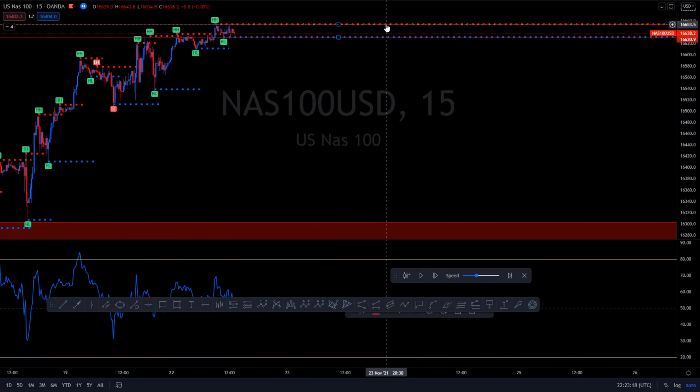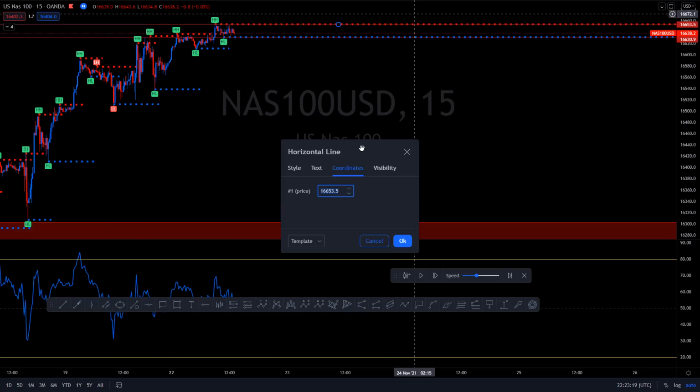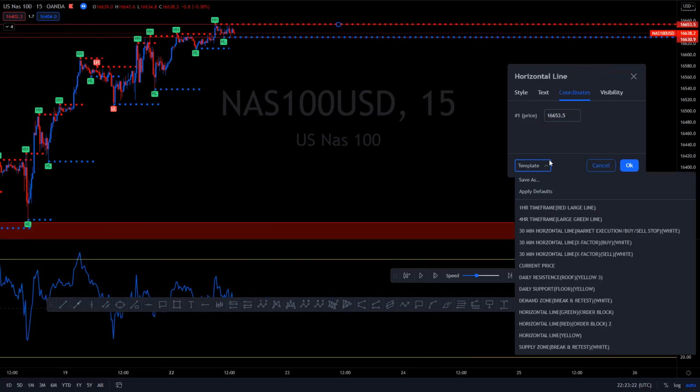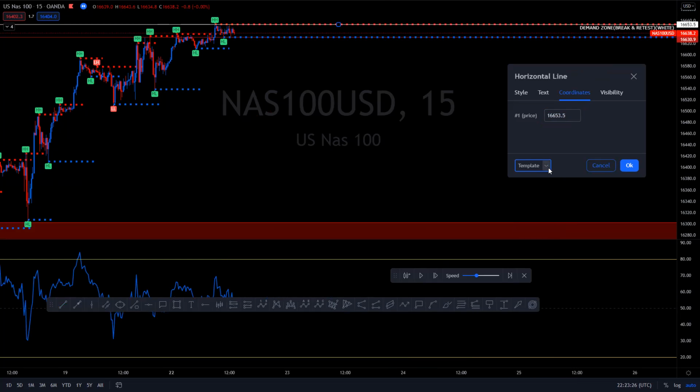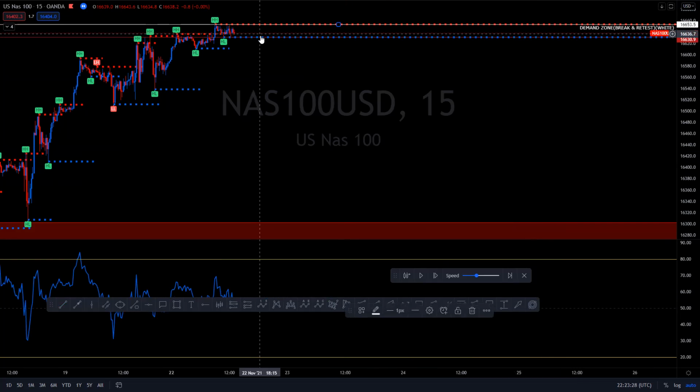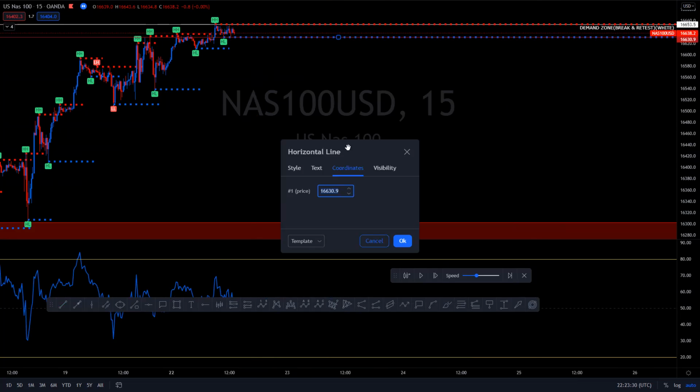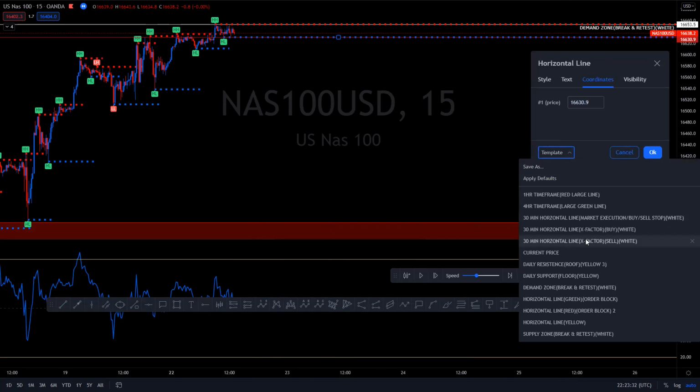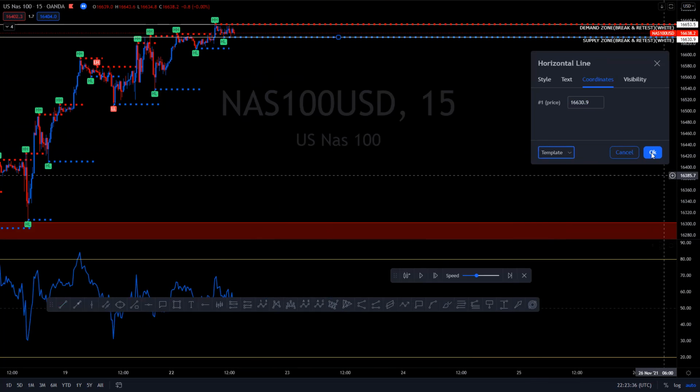And these are identified as my supply and demand breakout zones. That way I can determine which way price is going to go, whether it's going to buy or sell off of a break and retest. And then that's going to help me to alter my decision on whether I'm going to buy or sell. So that's what I do next.